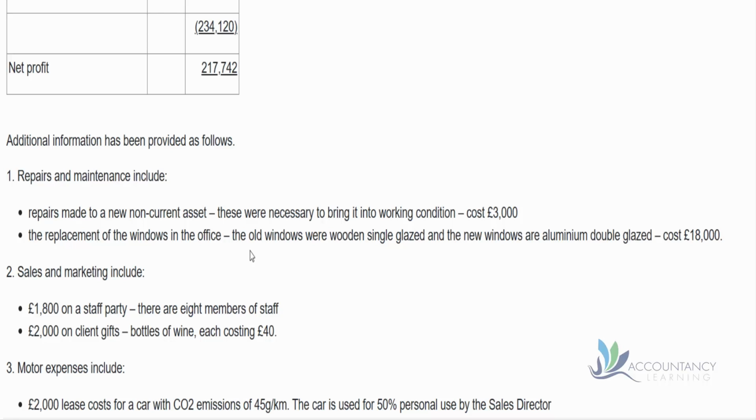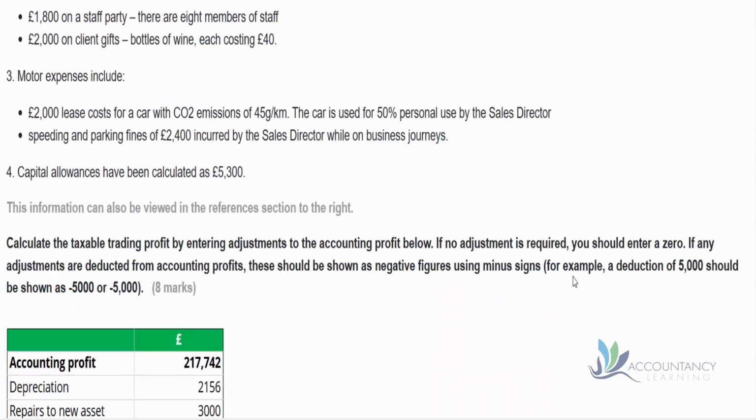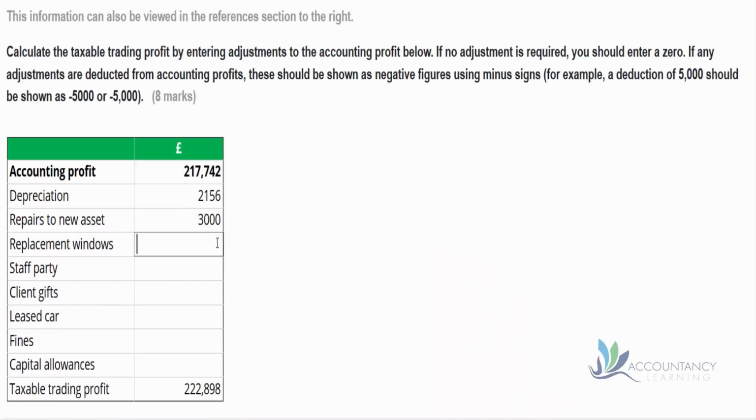So they consider this to be a like-for-like replacement. So that cost of 18,000 is considered to be a repair and therefore an allowable expense. And because it's allowable, we don't need to make any adjustment in our table, so we can enter a 0 here. Remember, we need to enter a 0, not leave it blank, so that the computer can recognize our answer in the exam.